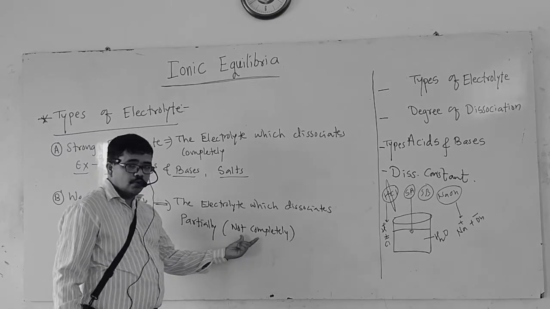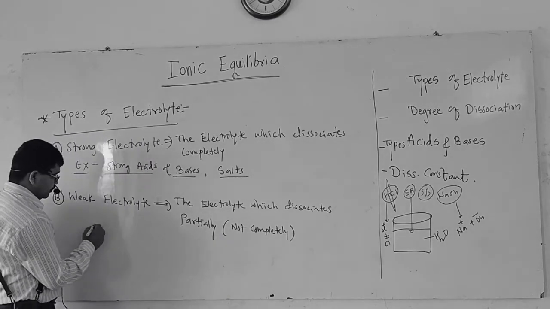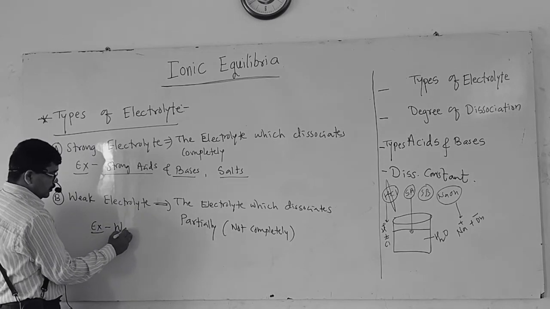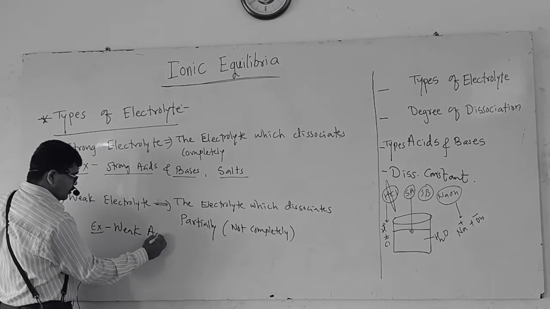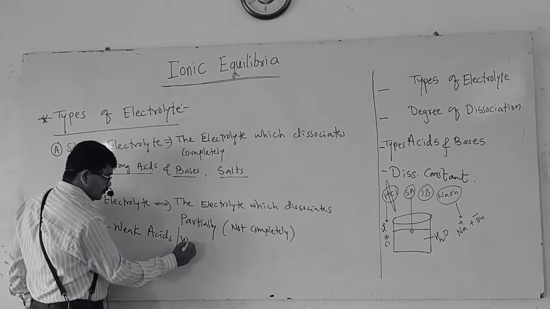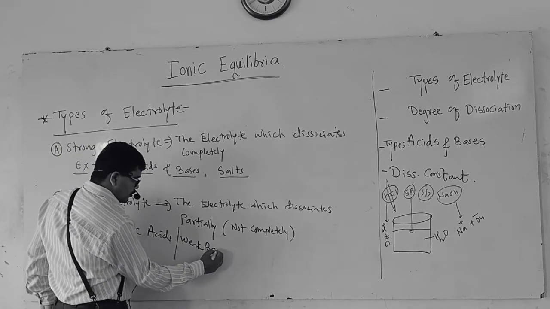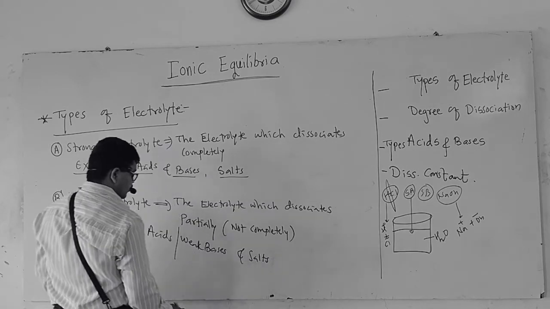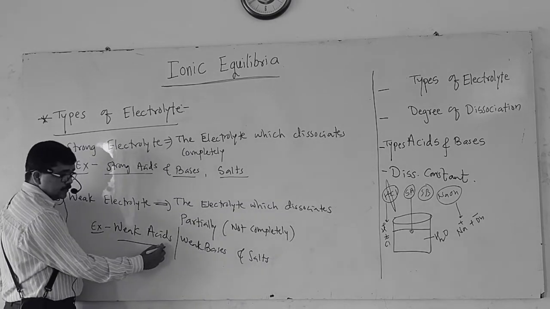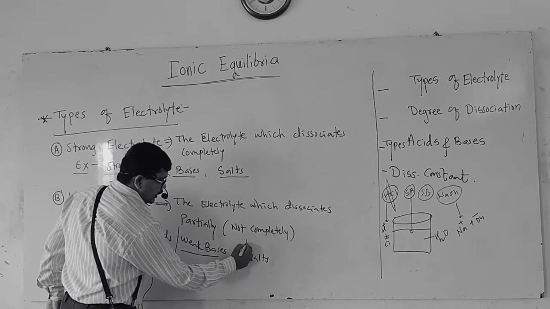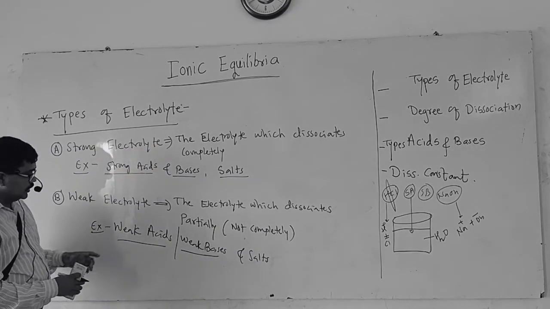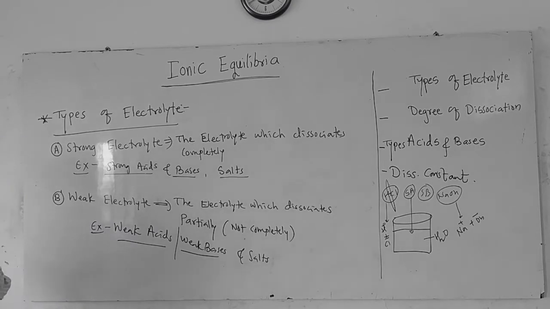Partially means not completely. Examples: instead of strong acids, you can take weak acids or weak bases and some salts. Weak acids, weak bases, and some weak salts. These are the examples of weak electrolyte.